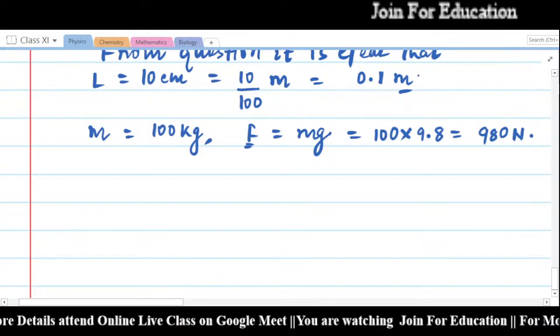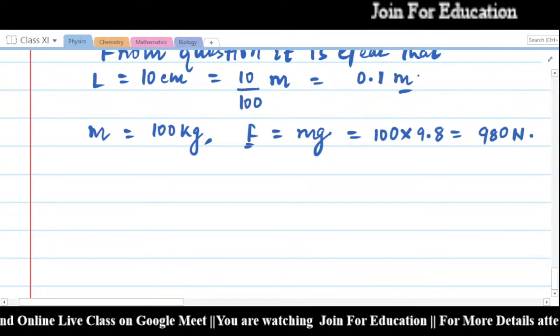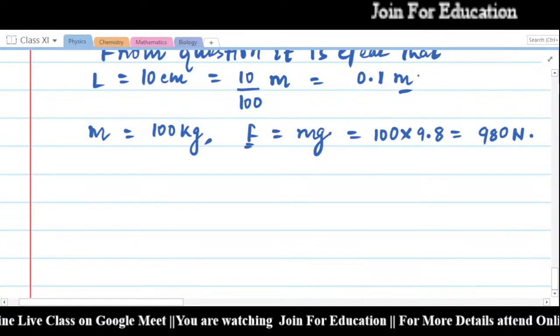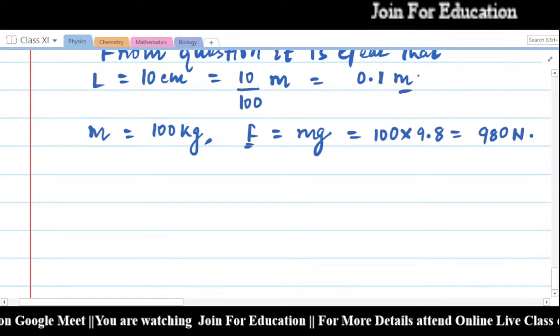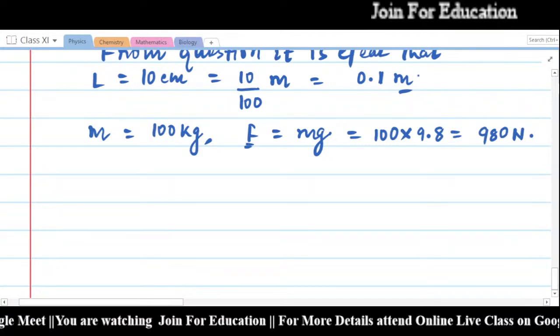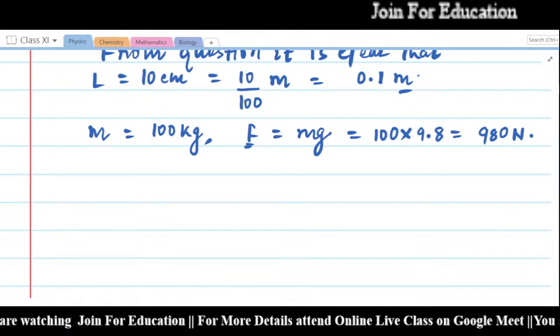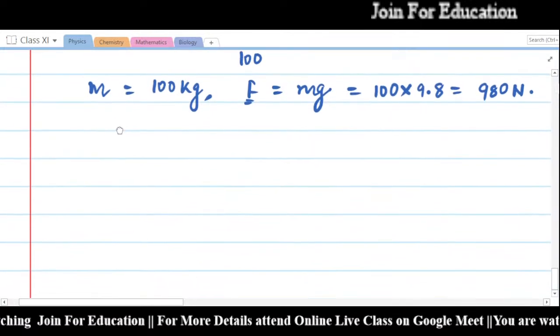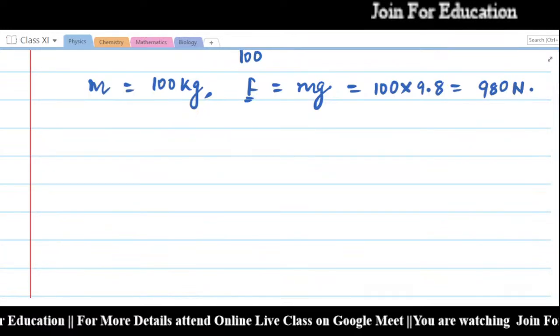The next sentence of this question says that the shear modulus of aluminum is 25 GPa. It means gigapascal. So this is also clear: the shear modulus, which is generally denoted by the Greek letter eta.